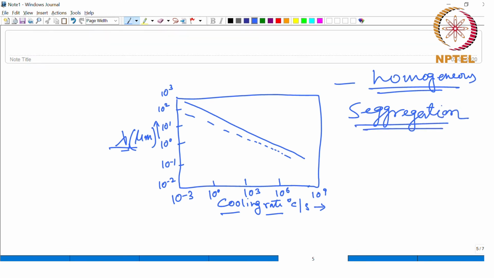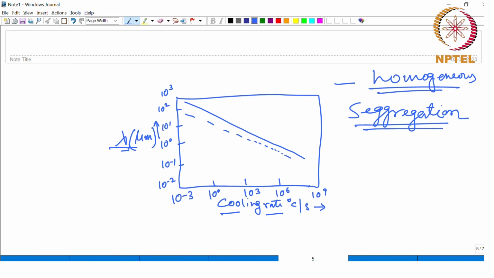And this is going to affect the homogeneity in terms of the chemistry of the material, right. If you talk about an alloy, for example, in which you have another metal in a given amount, that particular amount is not going to remain the same if you have segregation, right.